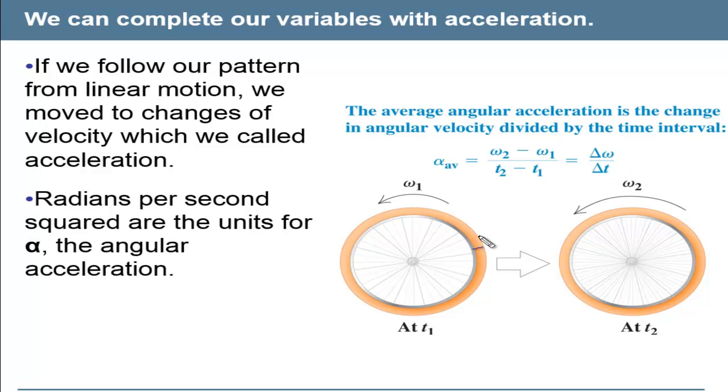Again, for our sign convention, if something is accelerating in the counterclockwise direction, we call it a positive acceleration, a positive alpha. And if it were accelerating its rotation in a clockwise manner, then that would be a negative acceleration.